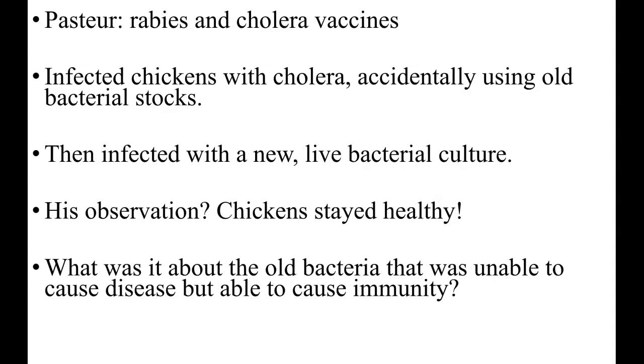Well, what he found, the chickens stayed healthy. So again, here is that question of why did the chickens stay healthy? There must have been something about that old bacteria. It was enough not to make them sick. However, it allowed them to remain healthy when that new live bacterial culture was injected. So again, here is that immunity protecting those chickens.